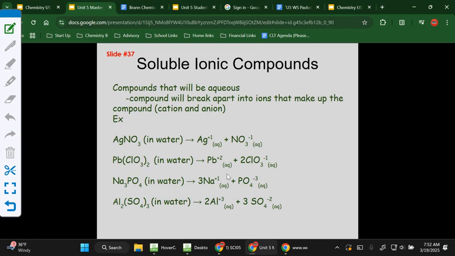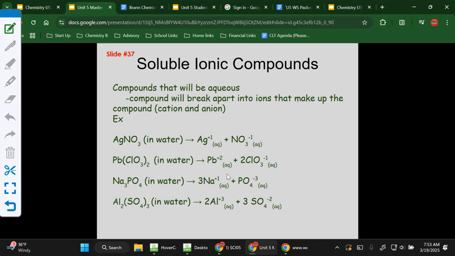But there are 4 basic kinds of chemical reactions: synthesis, decomposition, single replacement, and double replacement. Now, I do not expect you to know how to predict a synthesis or a decomposition reaction. That I do not expect you to know how to do. I do expect you to know how to do a single replacement and a double replacement.